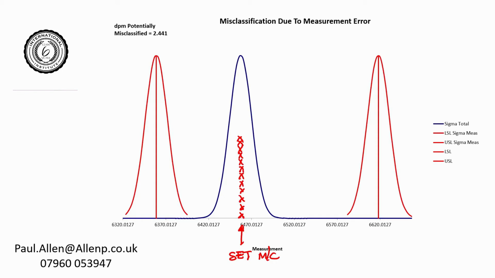So if you set this machine up here and the machine started to misbehave and started to walk to the left or walk to the right, these are the tolerances, by the way. This is the lower spec, this is the upper spec. If this setting started to walk to the left or to the right towards these tolerances outside the acceptable band, would your measurement system see it?